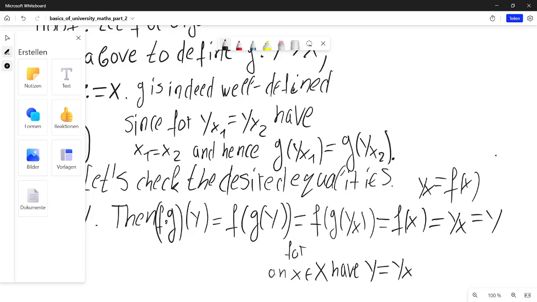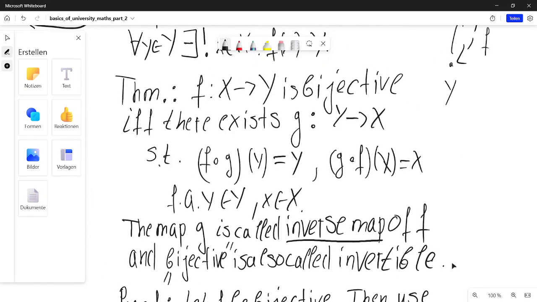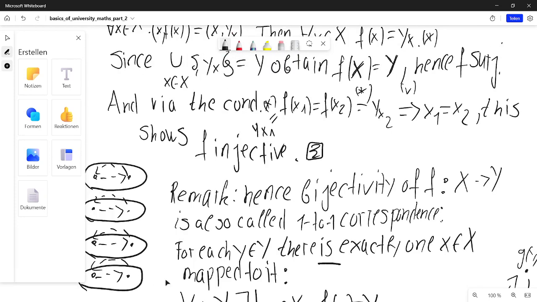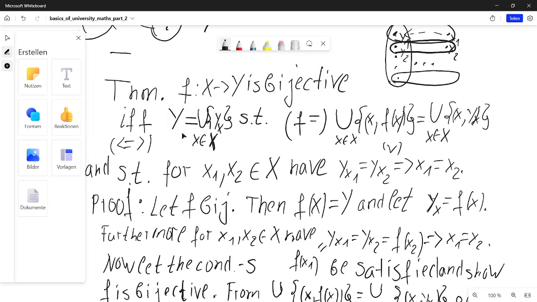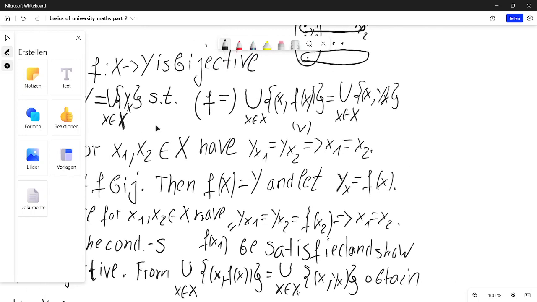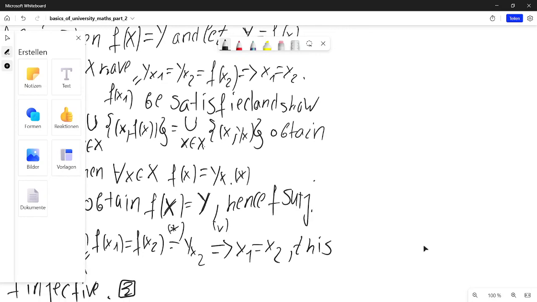So here we use the property that for some x, an element of X, we certainly have that this y, since it is an element of Y, is equal to this y_x, right? We had that property, and we had that equality, and we had that respective pairs were equal to respective pairs, and hence y_x was equal to f of x. So let's keep that in mind.